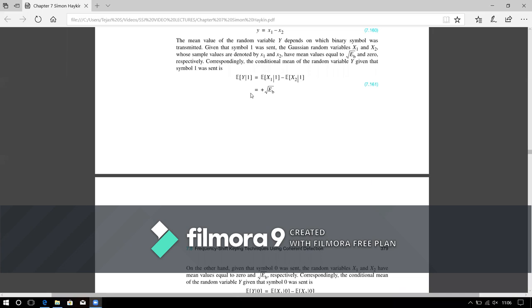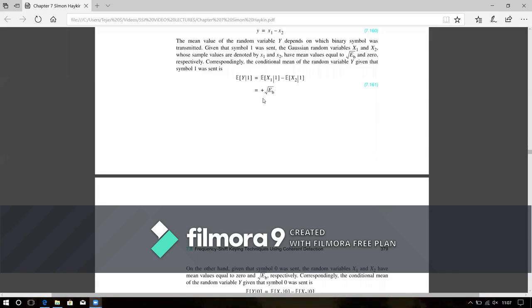Here we are assuming that symbol 1 was transmitted. Hence the conditional mean of the random variable Y given that symbol 1 was transmitted is the expected value, which is the mean value of the output Y when symbol 1 was transmitted, equal to the expected value of x1 minus the expected value of x2 when symbol 1 was transmitted. Here x1 and x2 are independent, so it gives rise to plus root Eb.